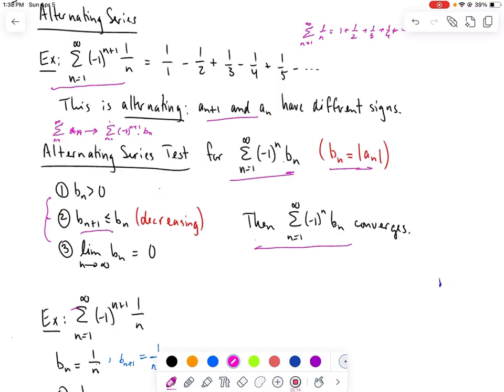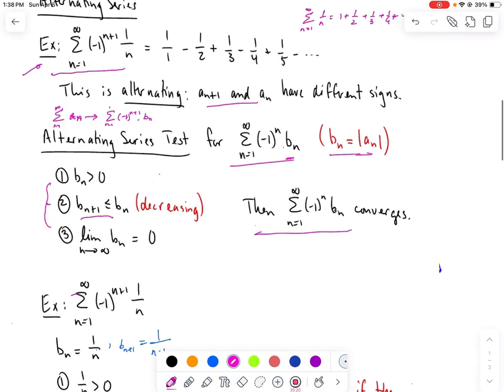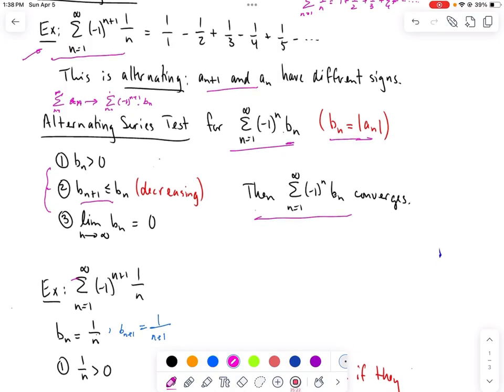So for example, look at the series we have up there. From this series, b_n is equal to 1 over n, and b_(n+1) will be 1 over n plus 1. Let us see if it satisfies these three conditions.